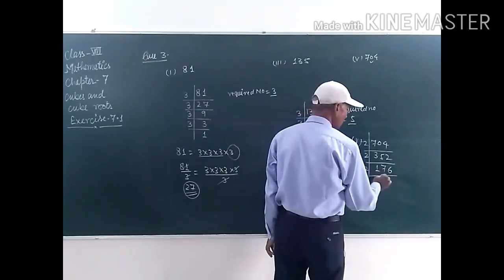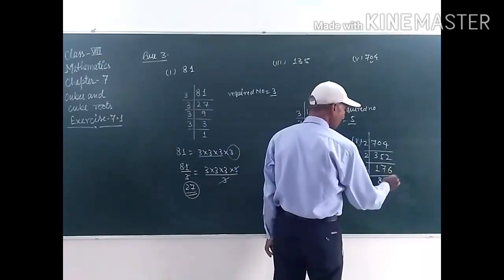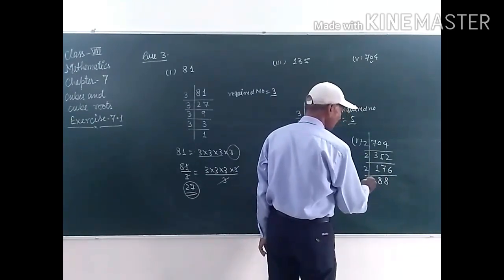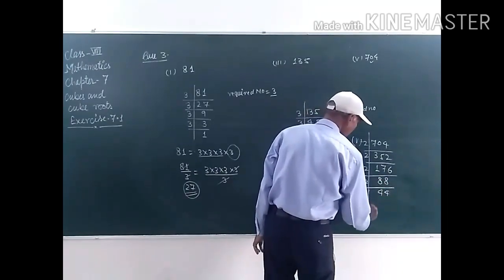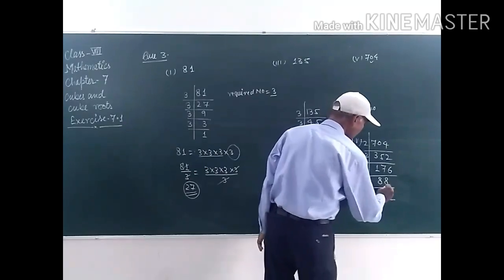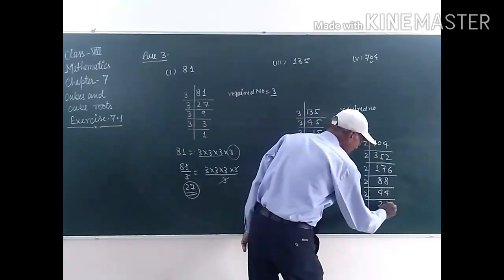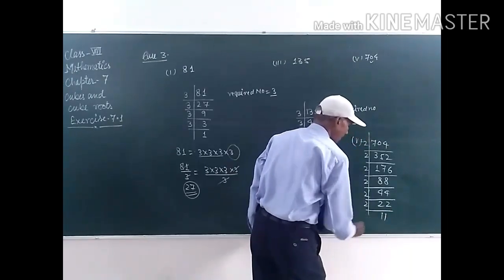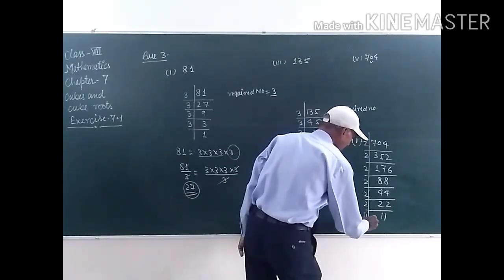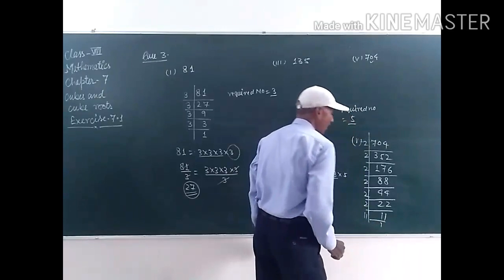Again by 2, 2 8s are 16, 88. Again by 2, this one 44. Again by 2, this one 22. Again by 2, this one 11, and again by 11 it is 1.